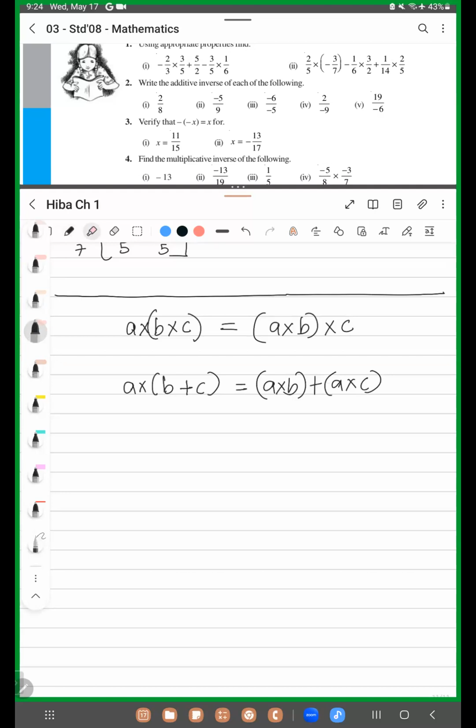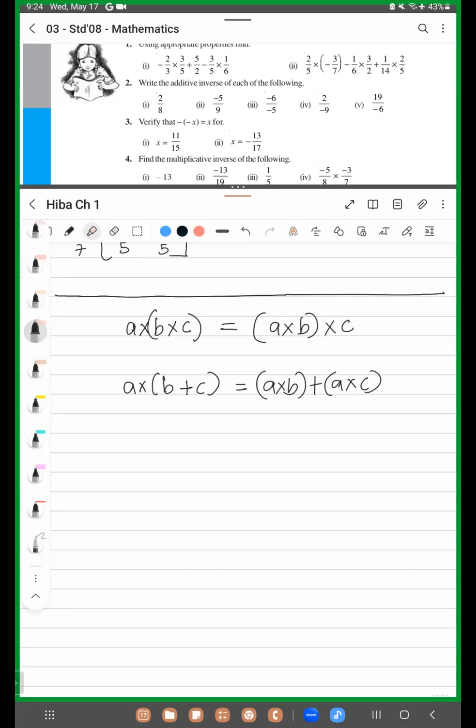The first one is the associative property, in which if we multiply the first two numbers first or the last two numbers, we get the same answer. And the second one is the distributive property of multiplication over addition.